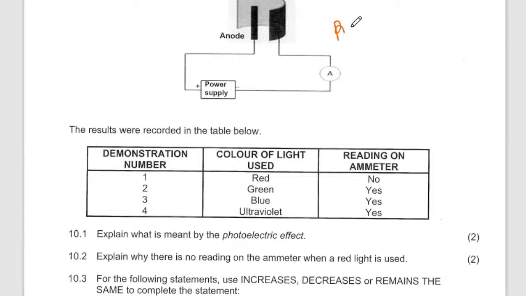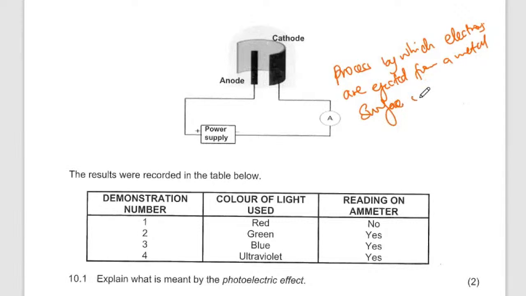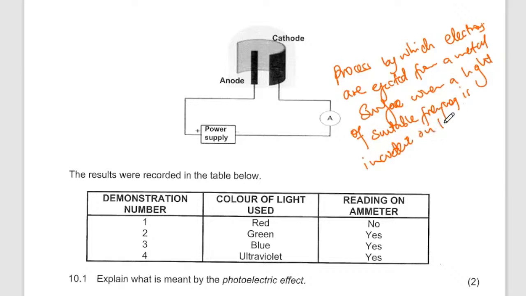So we know that this is just a process by which electrons are ejected from a metal surface after light of sufficient, suitable frequency is incident on the surface.